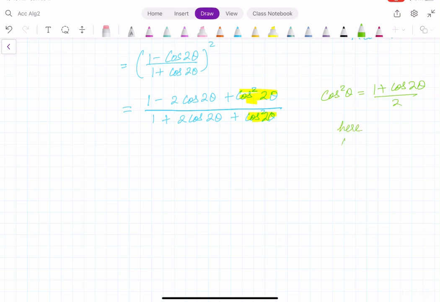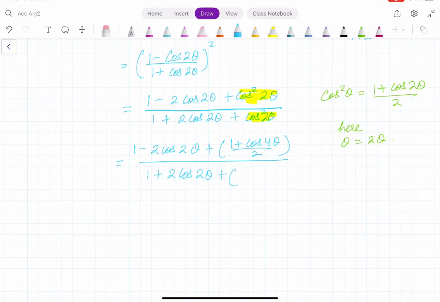But in this case, theta is nothing but 2 theta. So instead of writing 1 plus cos 2 theta, it can be written as 1 plus cos 4 theta divided by 2. And we will do the same thing in the denominator as well: 1 minus 2 cos 2 theta plus 1 plus cos 4 theta divided by 2.